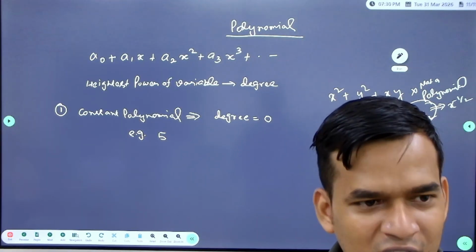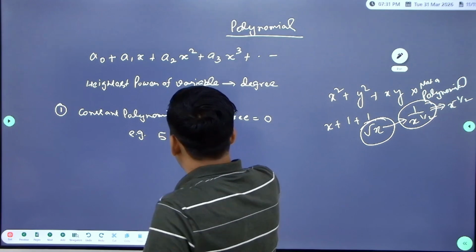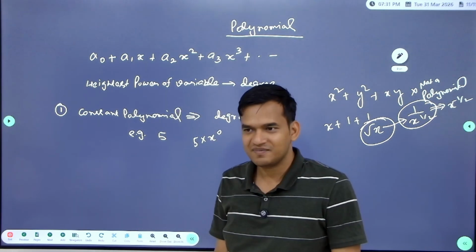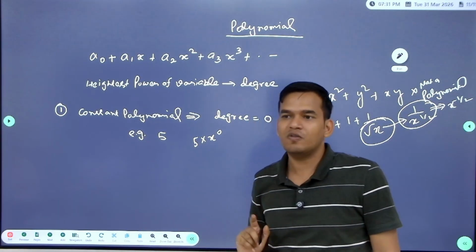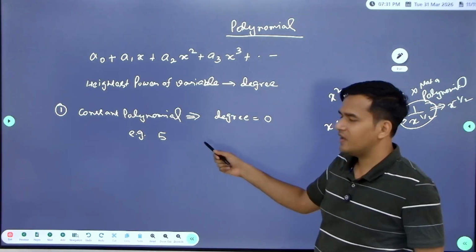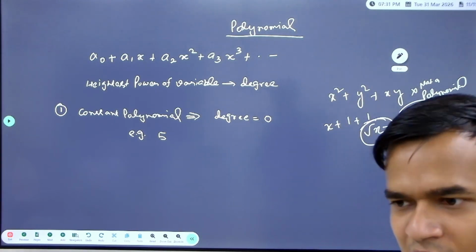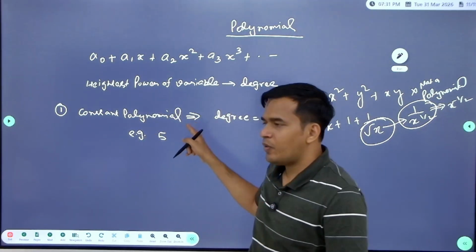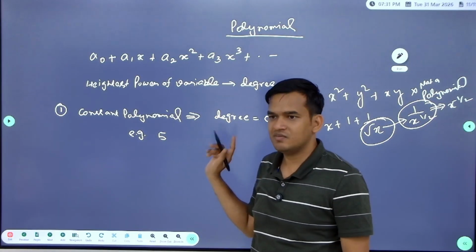And 0 is also a whole number. 0 comes under the whole numbers. This is 5. I can write it as 5 into x to the power 0. x to the power 0 is 1 only. So this is a polynomial having degree 0, because x to the power 0 is equal to 1, so you can multiply with anything. So 5 is a polynomial and it is called a constant polynomial because the degree of this is 0.